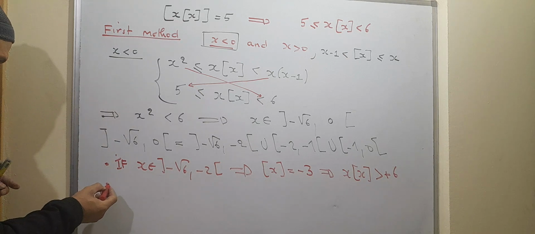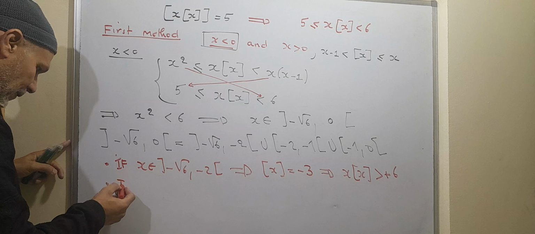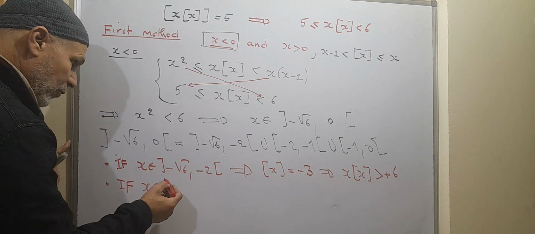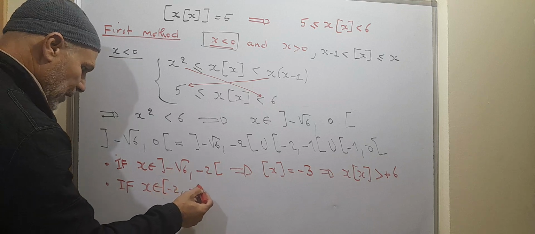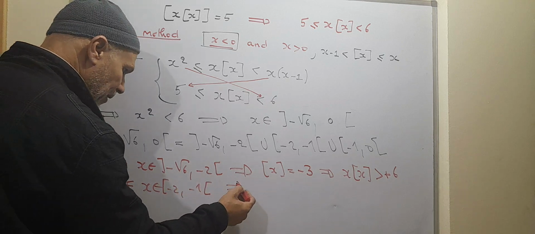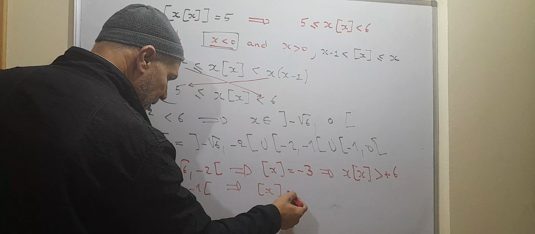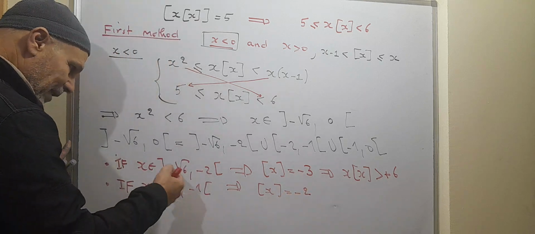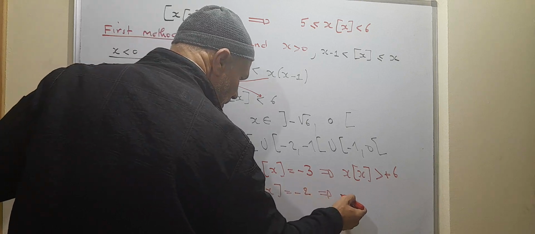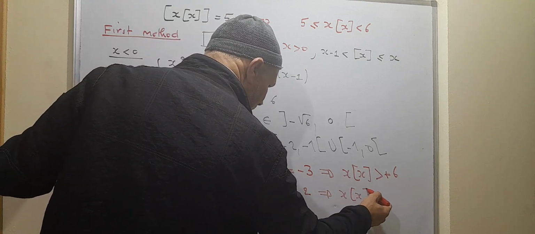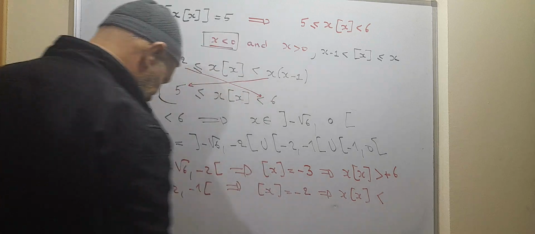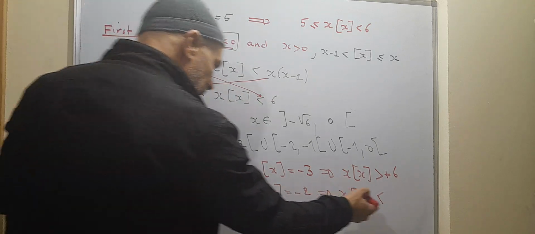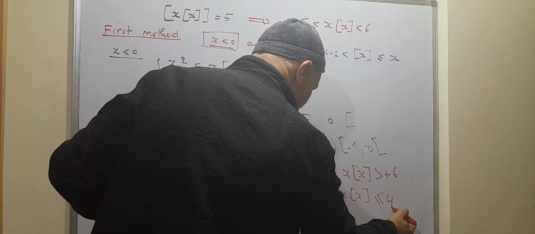The second case, if x belongs to minus 2, minus 1, then the integer part of x is equal to minus 2. And in this case, x times the integer part of x is less than or equal to 4.